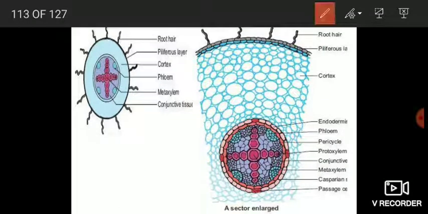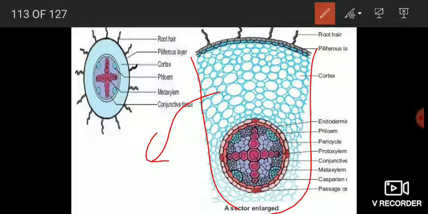Now let's have a look on this slide so as to know the internal structural details of the dicot roots. The outermost layer is known as pelliferous layer because it possesses root hairs. Inner to this we have this uniform cortex, okay, made up of parenchyma cells, and the innermost layer of this cortex is endodermis.